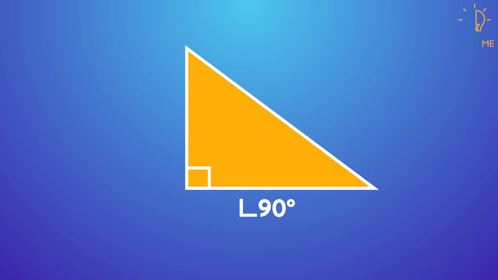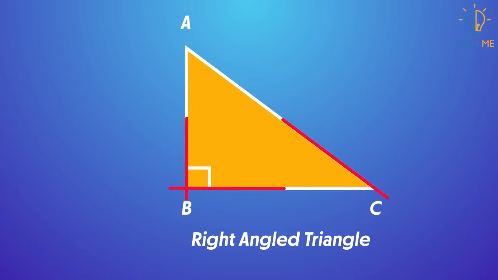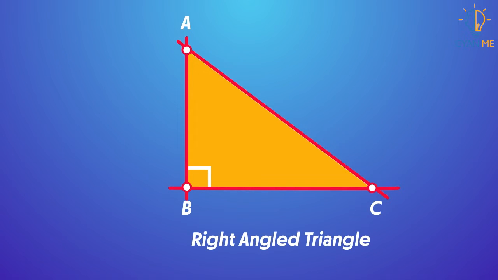So the triangle that you see here is a right-angled triangle. Let us name its vertices A, B and C. Yes, these 3 points are where any two sides of triangle intersect and form an angle. They are called vertices.